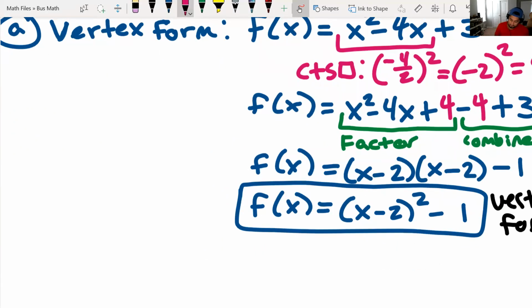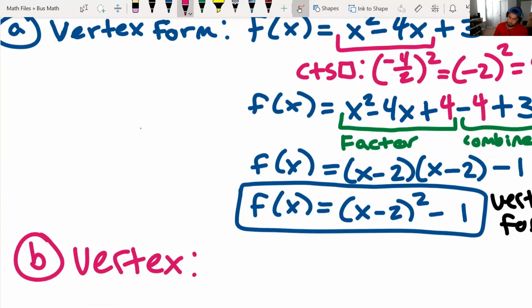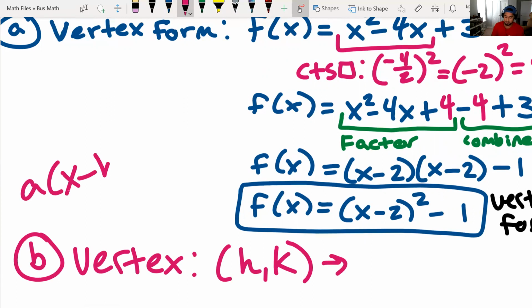Which means next, B, we just want the vertex. The vertex is given as (h, k). And looking at vertex form, remember vertex form is a times x minus h squared plus k.